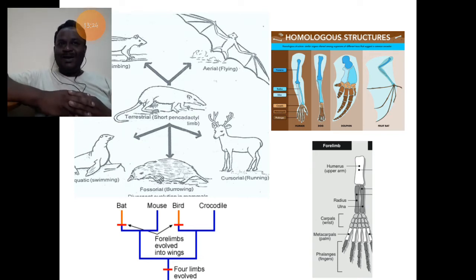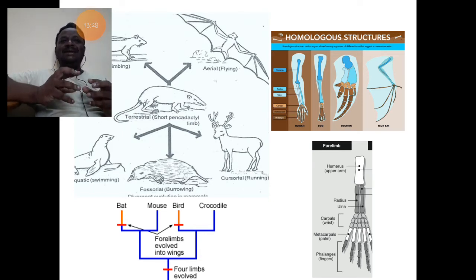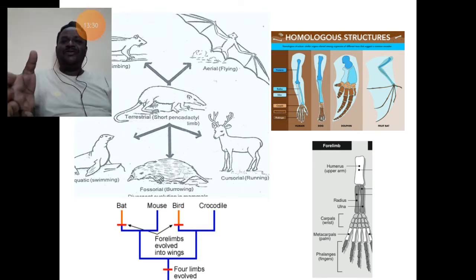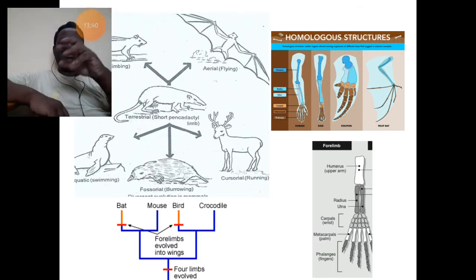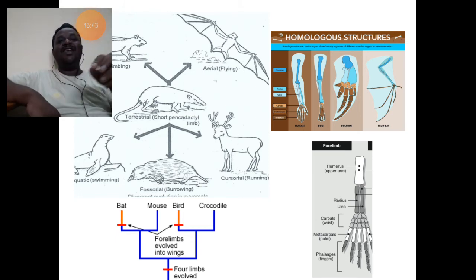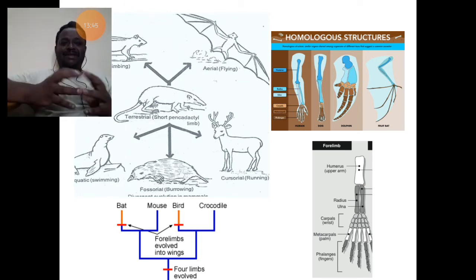So what are homologous organs? In simple terms, from a common ancestor, diverse or different species of organisms originate. From a common ancestor, many organisms get formed, so many species are formed. This we call divergent evolution.